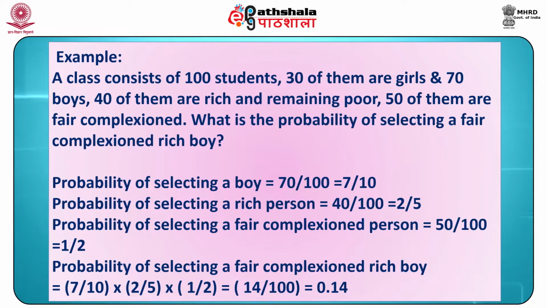The probability of selecting a rich person is 40 divided by 100, which is 2 by 5. The probability of selecting a fair complexioned person is 50 divided by 100, which is half. The probability of selecting a fair complexioned rich boy is then 7 by 10 into 2 by 5 into 1 by 2, which is equal to 14 divided by 100, which is 0.14.